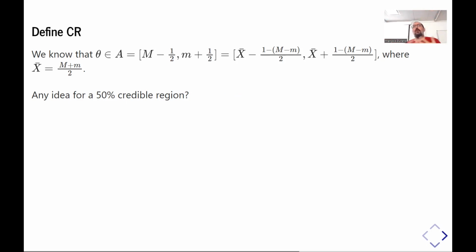But let's say that now that you know with certainty that theta is in big A, you have a new prior that has magically appeared that is uniform on big A. So you take anything that is 50% of the length of this interval.